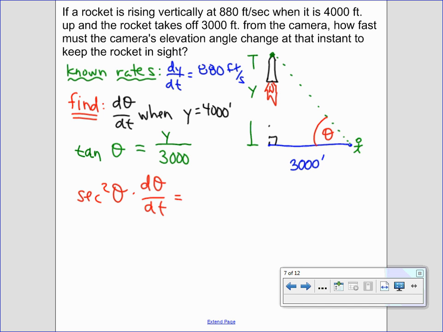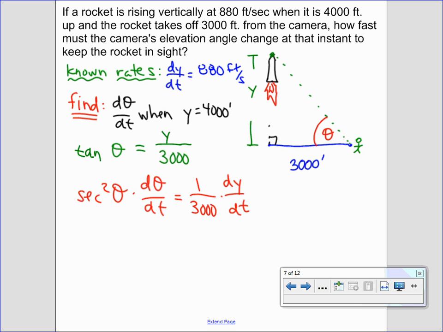Well, recall that 3,000 is just a constant, and that's really 1/3,000th. And so the derivative of y over 3,000 is just the constant 1 over 3,000 times the derivative of y. What's the derivative of y with respect to time? dy dt. Awesome.